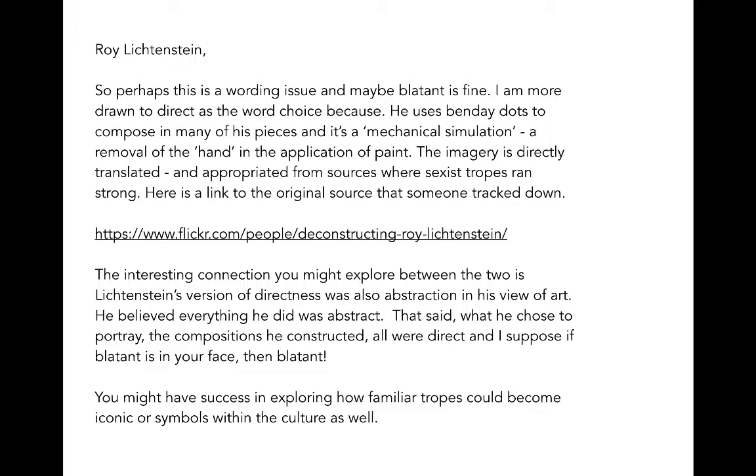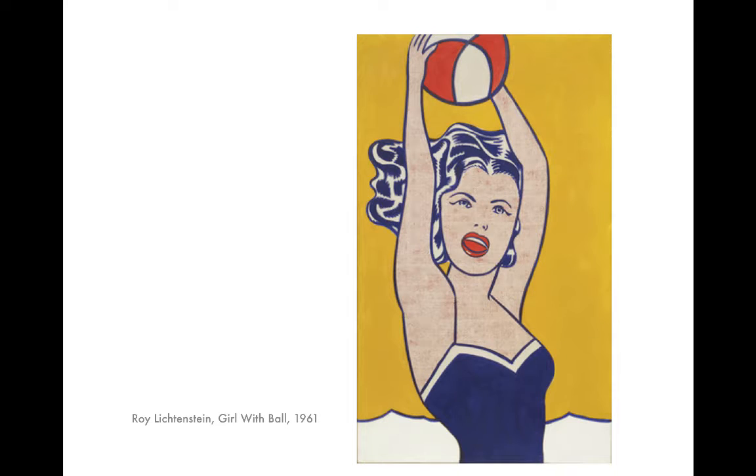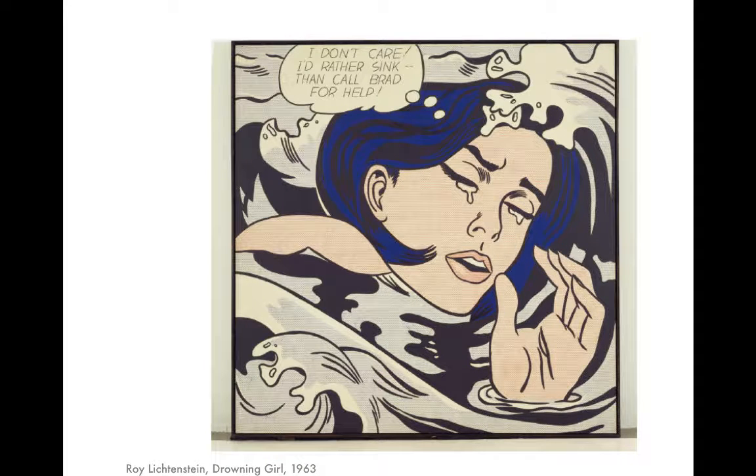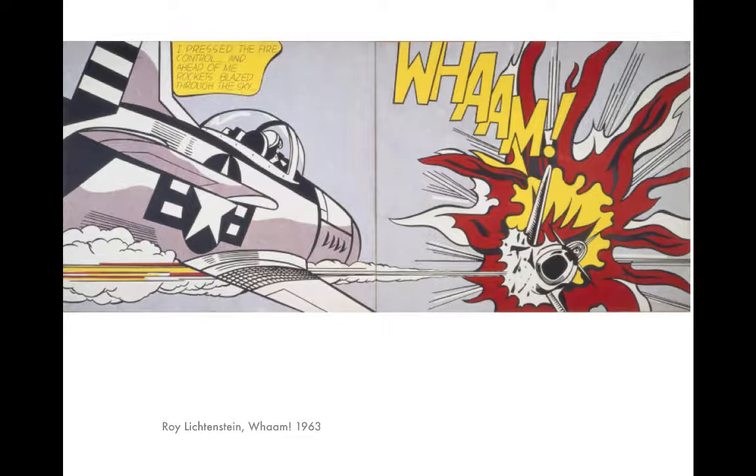Absolutely agree. But Lichtenstein basically says that everything he chose to portray was an abstraction. So that's just something to think about: he challenged the nature of reality, and even representation didn't mean that it wasn't an abstraction. And he was taught like that.